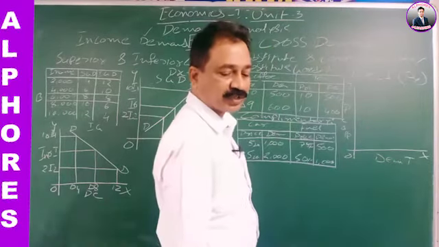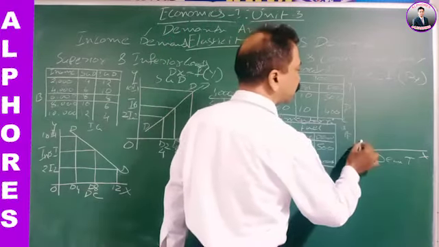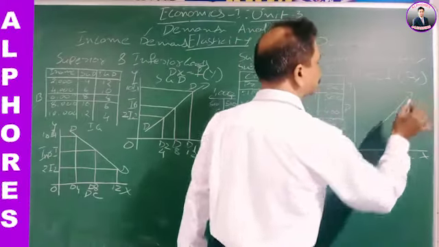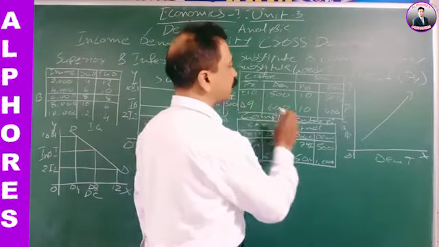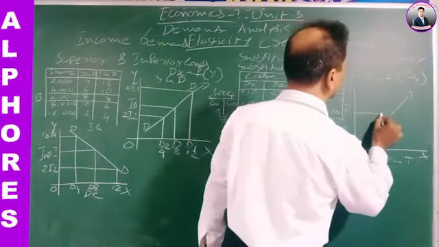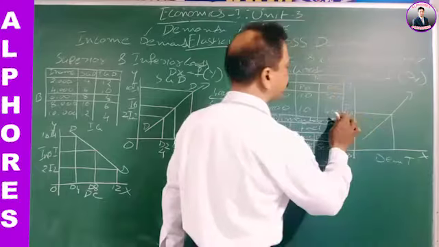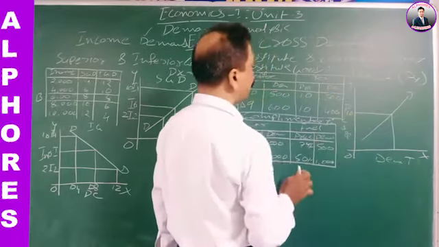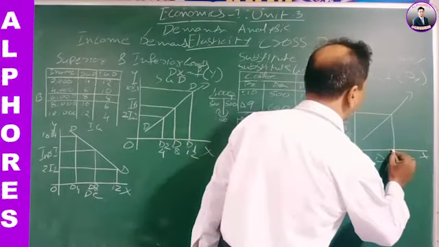Here we will show that, and you can see the relation is positive. First, what was the price of coffee? It was 10 rupees. What was the demand? Tea demand was 500.